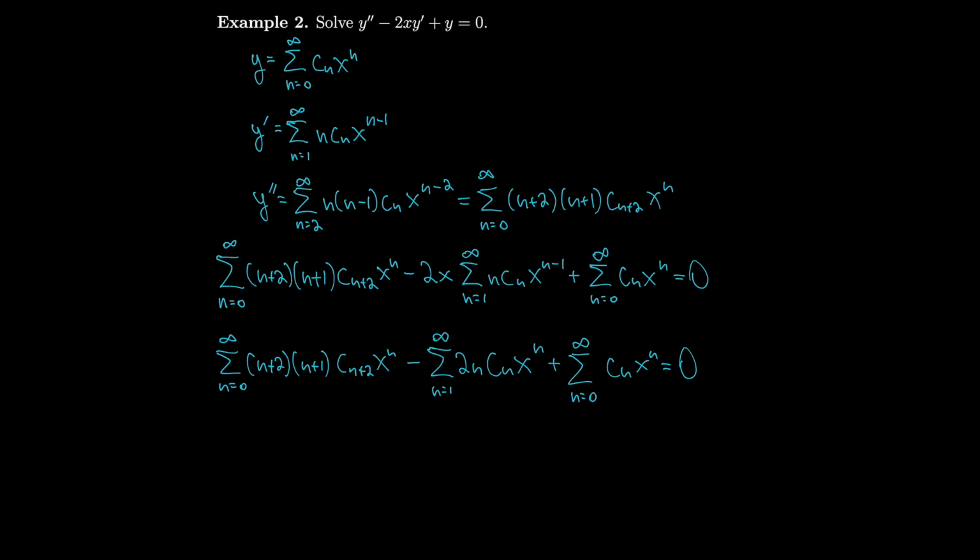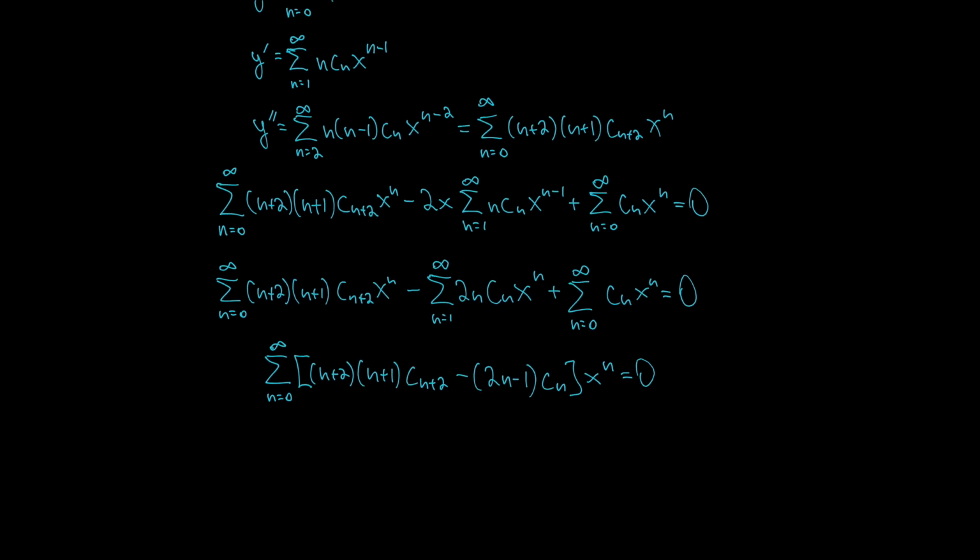And that means that we can combine all of our series in order to get the sum of n plus 2 times n plus 1 times Cn plus 2 minus 2n minus 1 times Cn, and we'll factor out the x to the n. So this should be 0. As before, because we have no x to the n's on the right side, that means that the coefficient is 0.